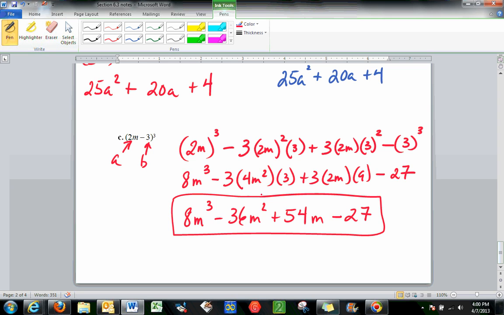Now, that's quite a lot to remember from a pattern standpoint. So what I elect to do most of the time, and what you may choose to do, is to simply use the distributive property. Since I've run out of room, I'm going to erase this part right here, and I'm going to rework this problem in terms of distribution.